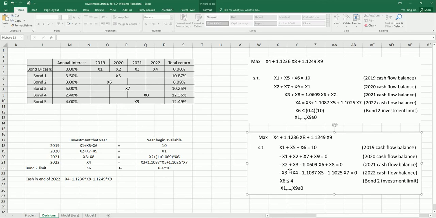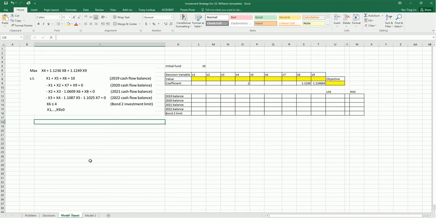So x2 and x6 come to the left-hand side, but you need to put a negative sign. So on and so forth. Now in this way, we have a formulation that is pretty neat. We have every decision variable on the left, constants or numbers on the right-hand side. With that, we can build a model.